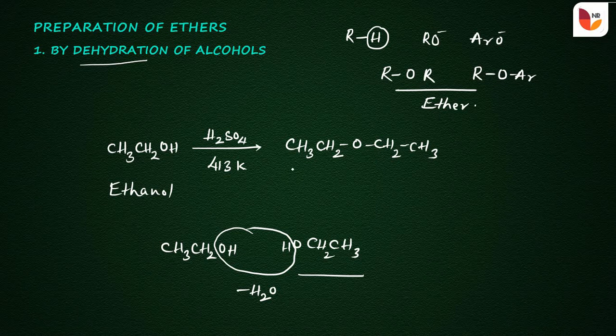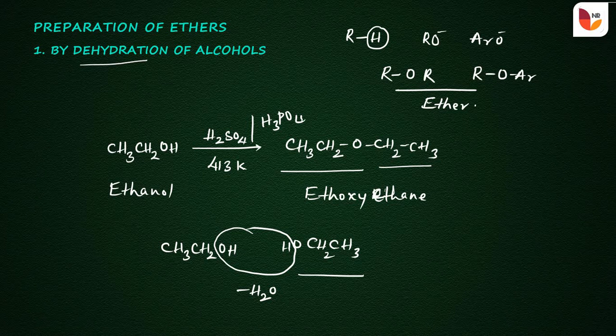This molecule is called ethoxyethane. So ethers are prepared from ethanol by dehydration in the presence of protic acids, either concentrated H2SO4 or H3PO4.